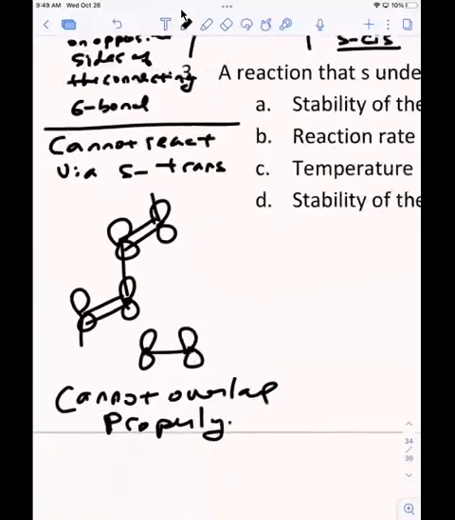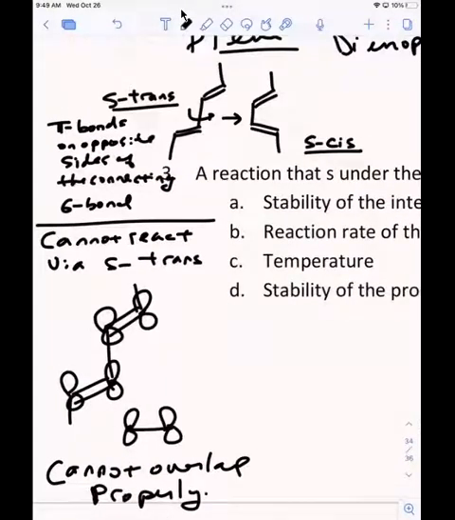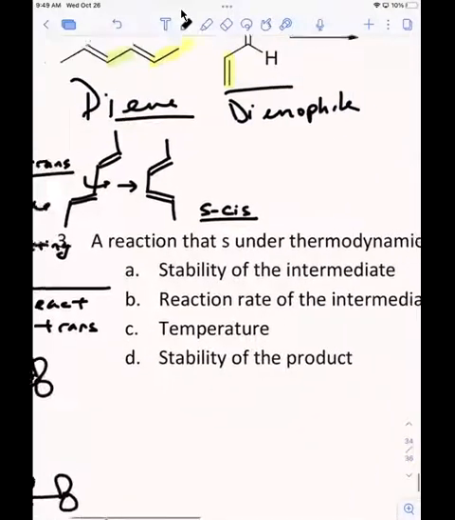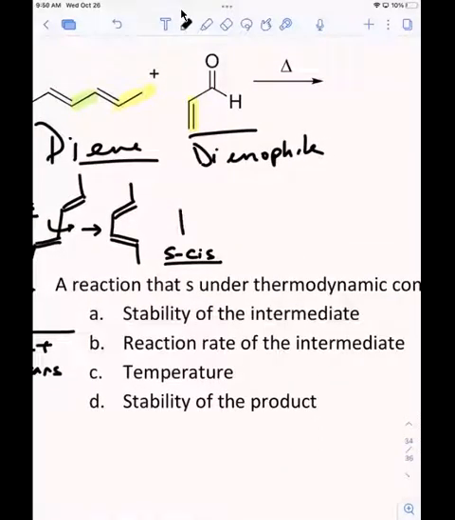It can't overlap properly. So anytime you do a 4+2, that's why you need that energy, because S-trans is really the preferred conformation. So you need to warm this up, because you need the energy present to rotate around that sigma bond first, and then react that with this.